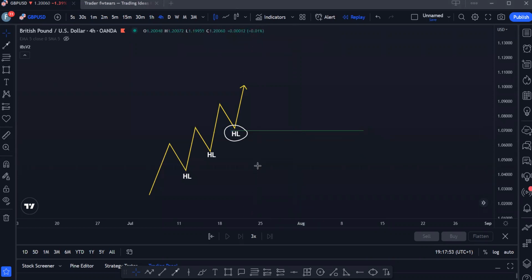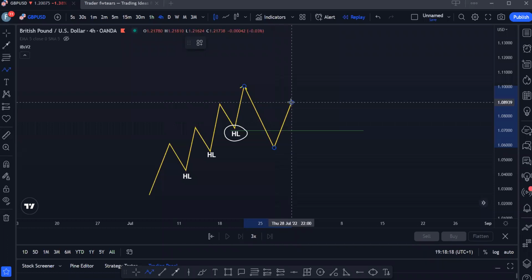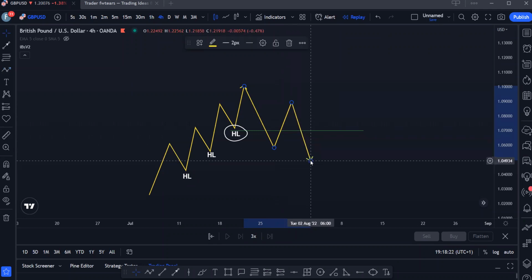So back to what I was saying. This is a higher low. How do you know that an uptrend will shift to a downtrend? Price needs to come down and break this higher low. Once that break happens, that's an impulse move. You want to wait for correction, and then wait for the impulse move to form a lower low.